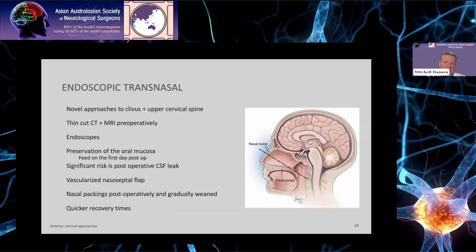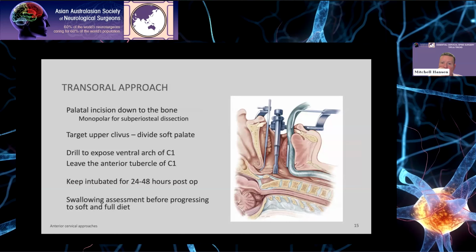A benefit of this approach is that we can preserve the oral mucosa and actually start feeds earlier than what I'd normally do for a transoral approach. Obviously, a significant risk is still a postoperative CSF leak, but as with pituitary surgery, having a vascularized nasoseptal flap can be useful to help prevent these things. I think that this gives us quicker recovery times than what some of the transoral approaches do.